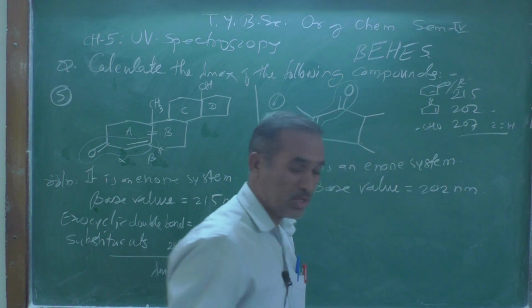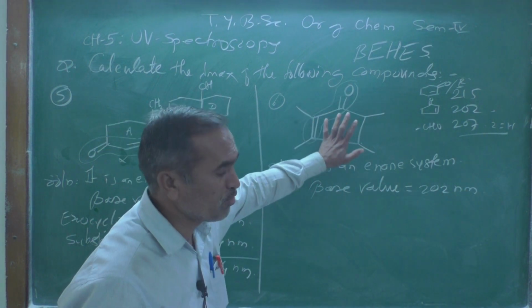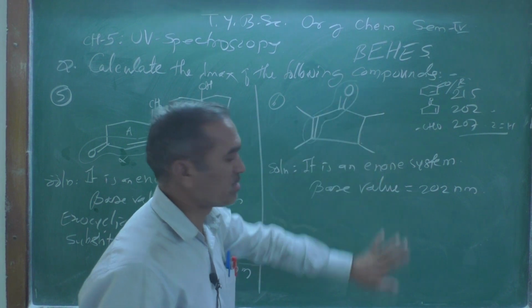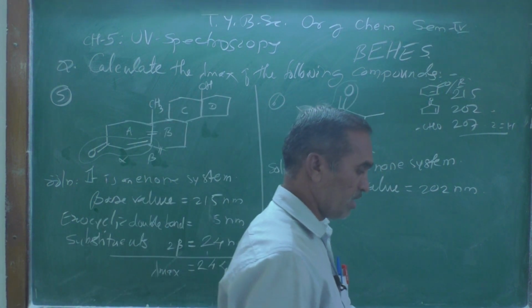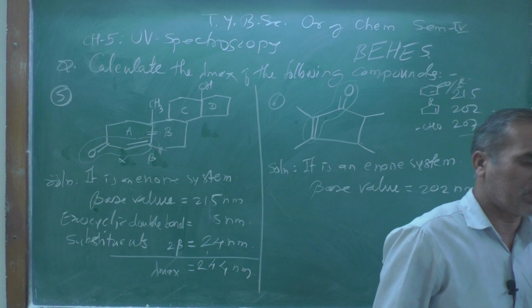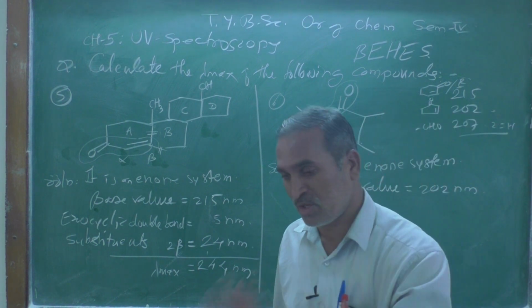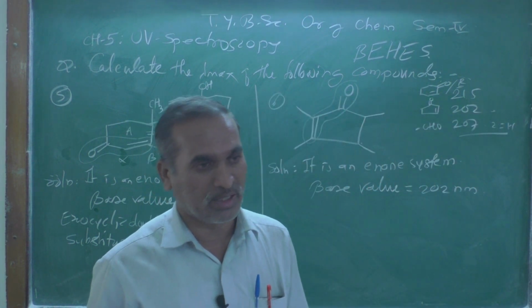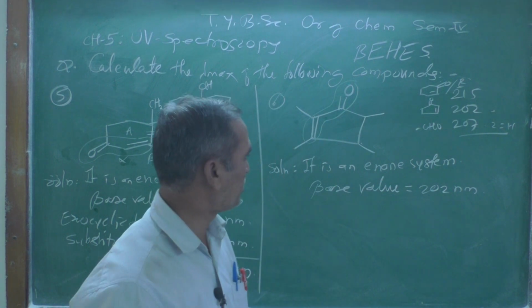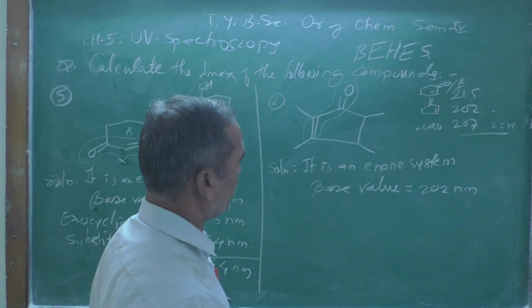nanometer. Why 202? Because it is a 5-membered ring, the carbonyl group is attached to a 5-membered ring, so the base value should be 202. If the carbonyl group is attached to a 6-membered ring, then the base value should be 215 nanometer, as we know.